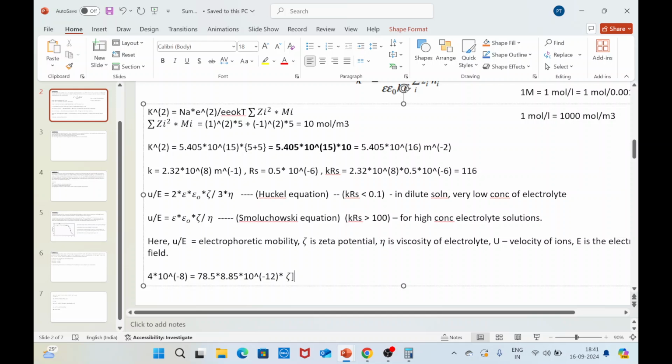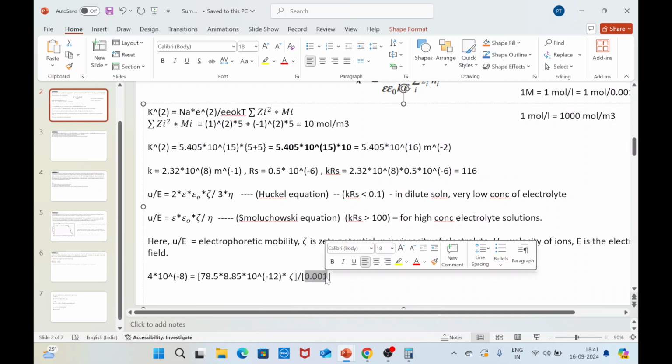This entire expression is divided by your viscosity, 0.001. So let's cancel the powers here. 10 power minus 12 is in the numerator and 10 power minus 3 is in the denominator.